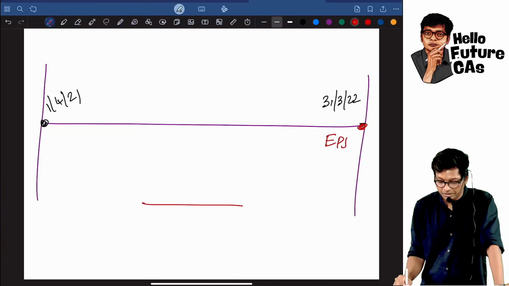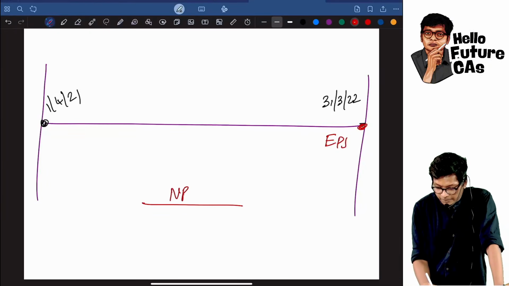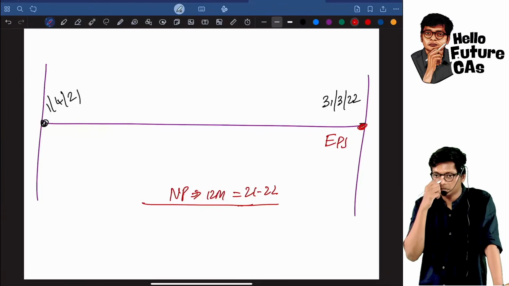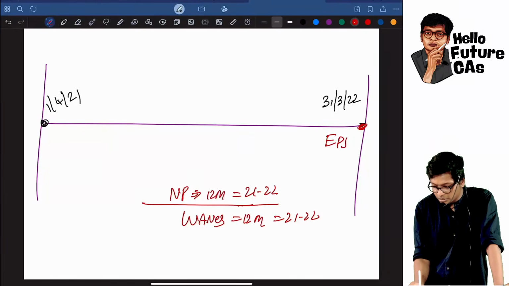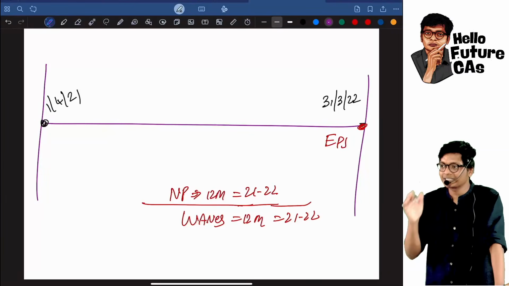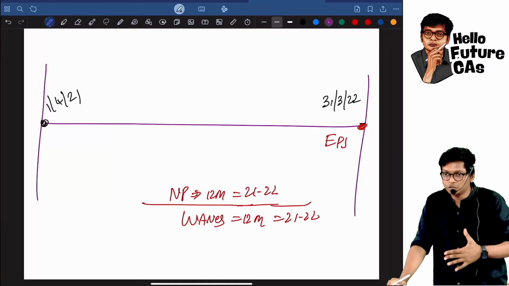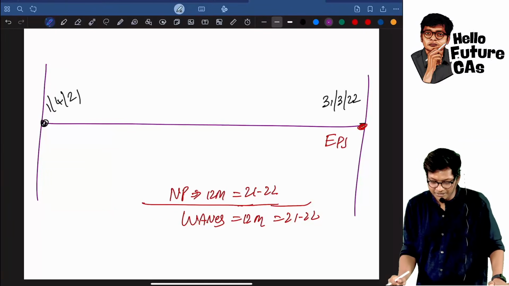That means I need to find net profit for the 12 months 21-22, divided by the number of shares for the 12 months 21-22. So if I can figure out these two, I can find the EPS.